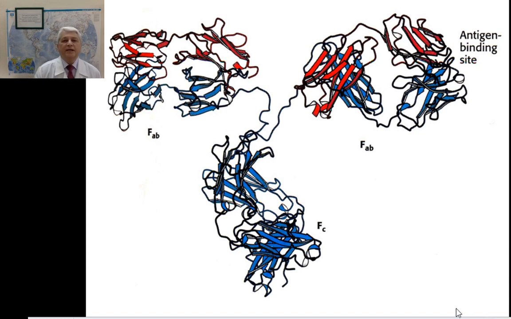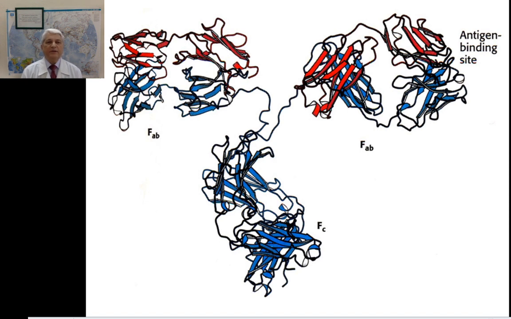This is the same molecule of immunoglobulin G. But here we can see the secondary structure of immunoglobulins. Second, the main type, please write, the main type of secondary structure of immunoglobulins is beta structure.